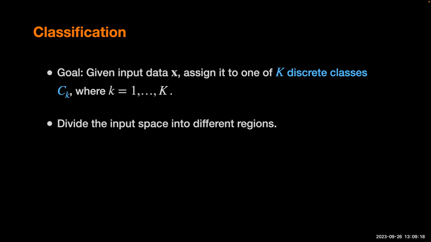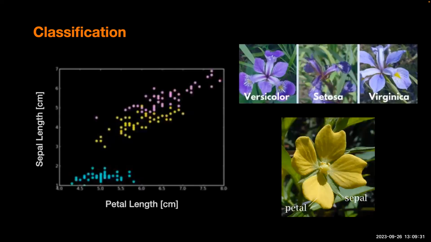But for a small number of classes, the more intuitive way to think about this is to divide the input space into different regions, right? For example, the classical example of a classification is dividing the classes of flowers. Let's say I have two features, X1 and X2, where X1 is the petal length and X2 is the sepal length.